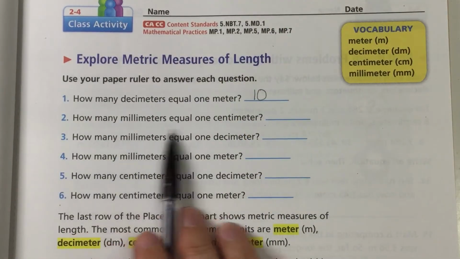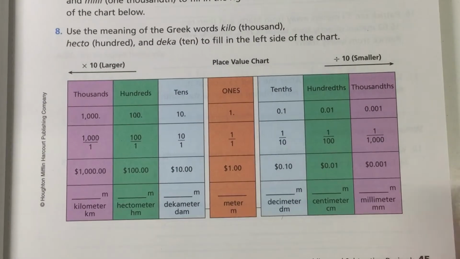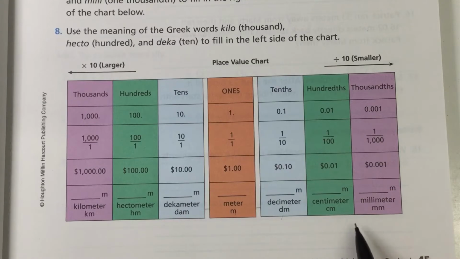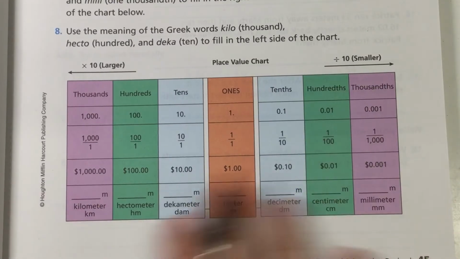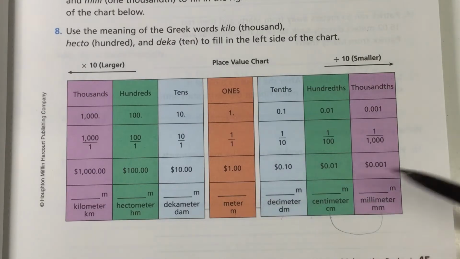How many millimeters equal 1 centimeter? Going down here again, you probably remember us doing this a lot last year. It wasn't on a place value chart, but it was on a chart similar to this. Going from millimeter to centimeter, we're doing 1 hop, and we're going to the left, which means that we are multiplying.